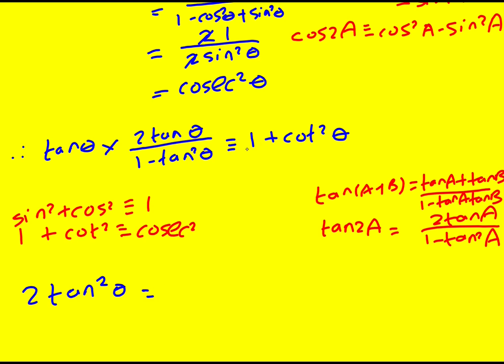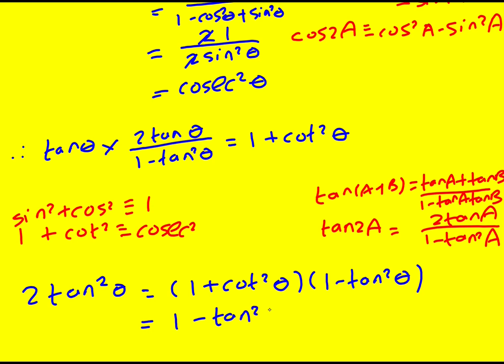And this is an equation rather than identity. So 1 plus cot squared theta times 1 minus tan squared theta, which is going to become 1 minus tan squared theta plus cot squared theta, and then minus cot squared theta times tan squared theta.